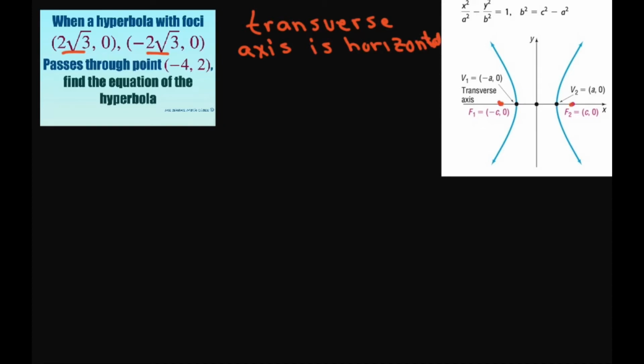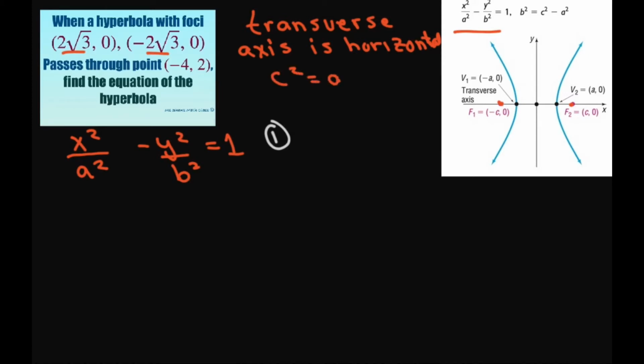All right. So let's look at our equation of the hyperbola. That would be x squared divided by a squared minus y squared divided by b squared equals 1. We're going to call this equation 1. We also know that we have c squared equals a squared plus b squared.